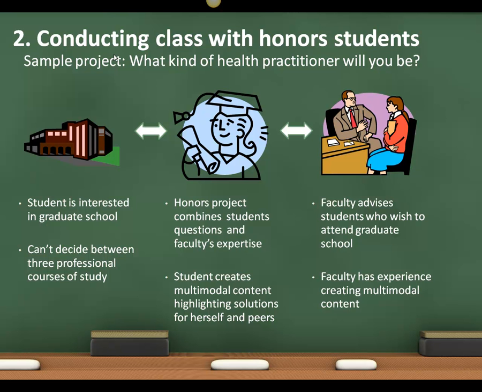So the Honors Project combines the student's questions and the faculty's expertise. They create multimodal content highlighting solutions for herself and what she can share with her peers. And what's important is that as this project is evolving, I'm able to see, oh, well, that's not exactly right, but I can see how you would interpret it that way.